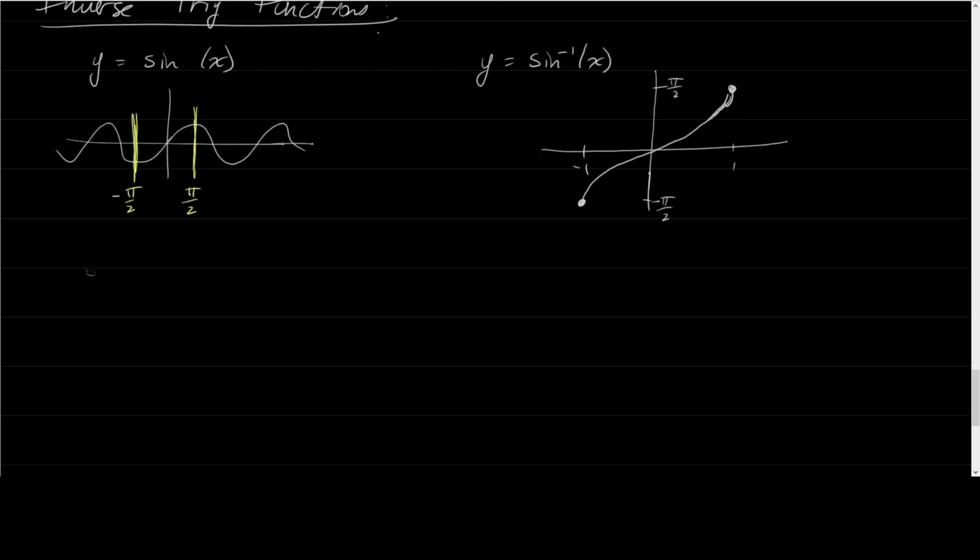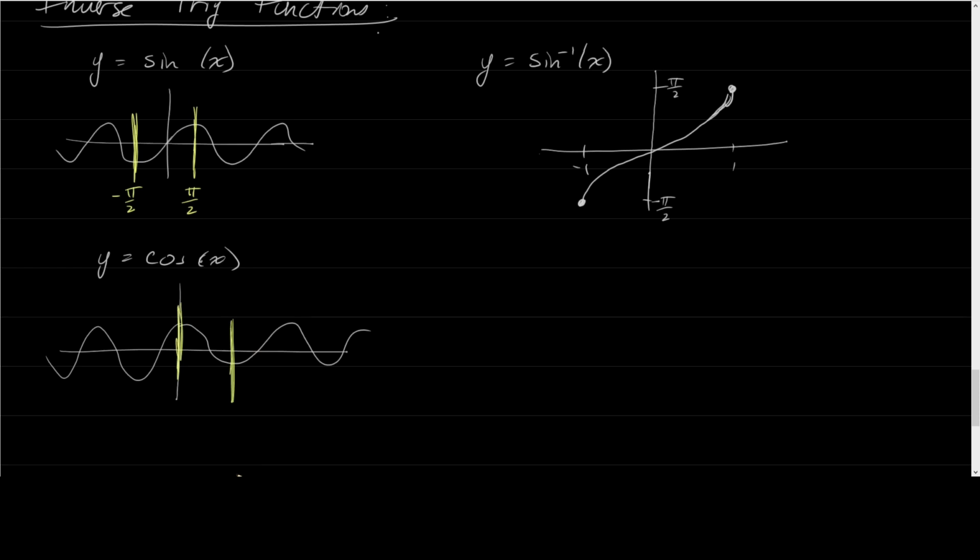The other one that I'll do would be cosine of x, which again has a very similar problem in that it is a wave and fails a horizontal line test. But what we can do there is restrict that one from here to here, and that's from 0 to pi.